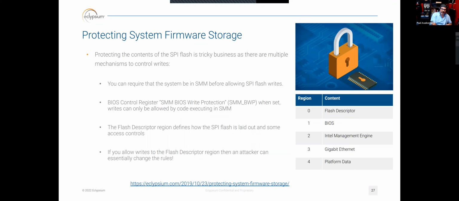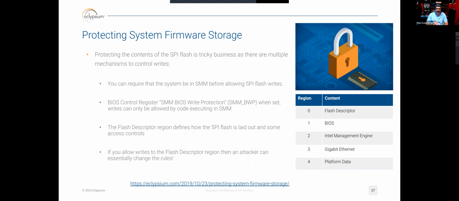Okay, protecting system firmware storage. On your computer, there is what we call the SPI flash system. It's actually a controller and a storage device that you interface with. Some of the tools that I mentioned, such as chipsec, will allow you to interrogate and interface with the SPI flash that is inside your computer, which stores some of the firmware on your system, including your BIOS.